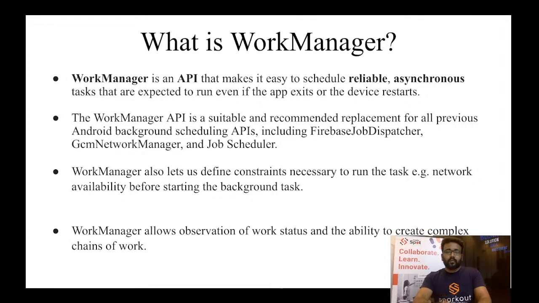For now, the Work Manager API is a suitable and recommended replacement for all those APIs to run background work. Also, Work Manager allows us to define a set of constraints before starting the work execution, for example network availability and storage requirements and so on. And also, we can observe the status of work using the LiveData observer, and we can create complex chains of work with Work Manager.